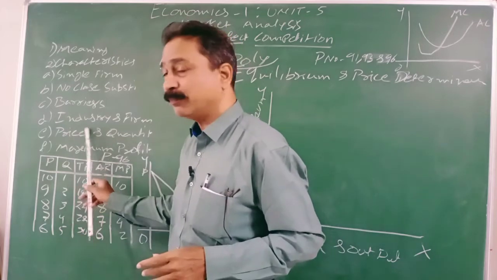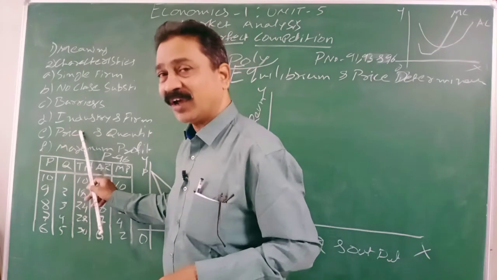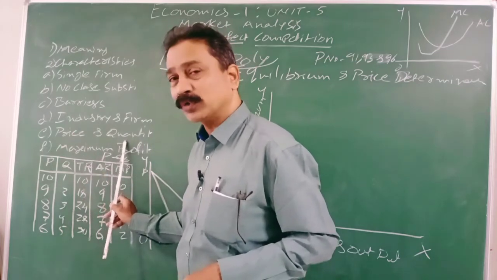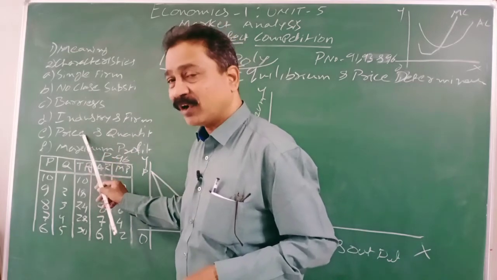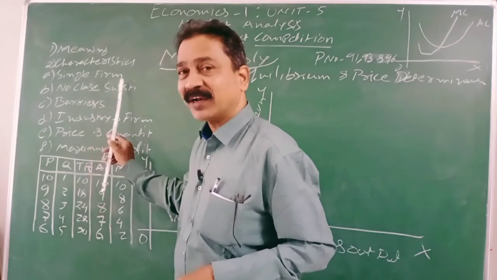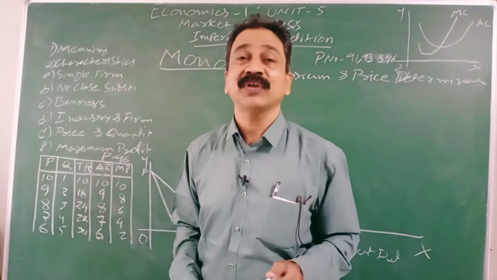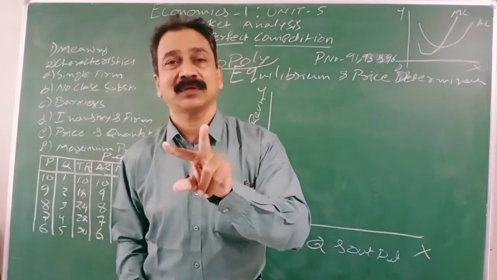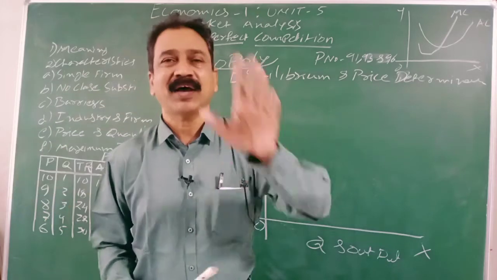Even though he can decide both, in the market, if he decides one, the other thing will be decided by the market. If he wants to produce more, then the market will keep the price low. If he wants to keep the price high, then the market will decide the quantity supplied will be low. So in that way, he cannot decide both, because the demand is decided by the market.